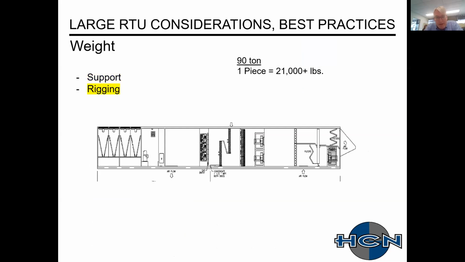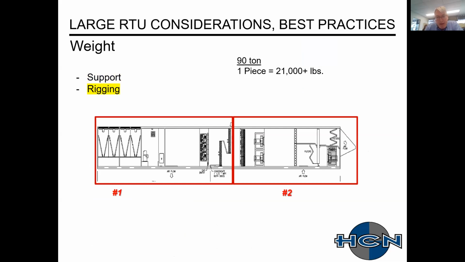From a rigging perspective, once again, these units are large. So here's a 90-ton unit in one piece. It's 21,000 pounds. Most manufacturers do have an option where you can split these units into two sections. So in this example, there's section 1 with that weight, section 2 with that weight. This may give you an opportunity to lower your crane cost, the size of your crane, based on your weight as well as the length of your pick.